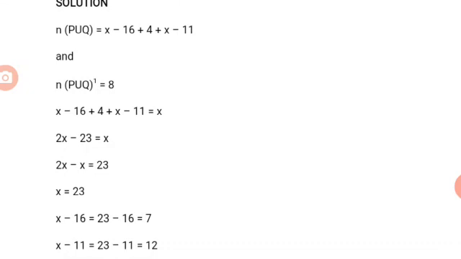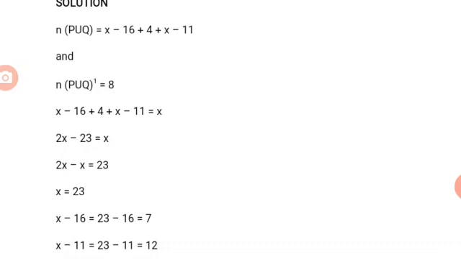So we now have 2x on the left hand side minus 23 equals x. Therefore, x will be equal to 23.